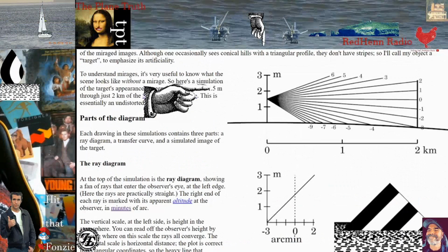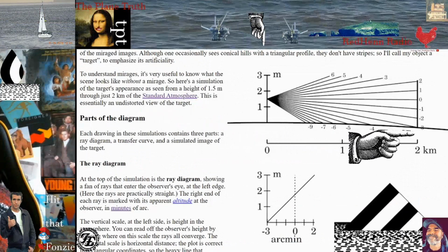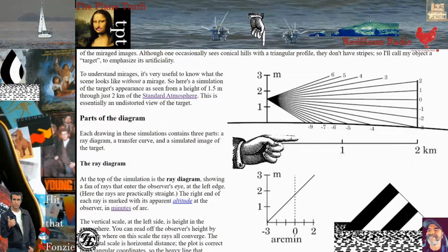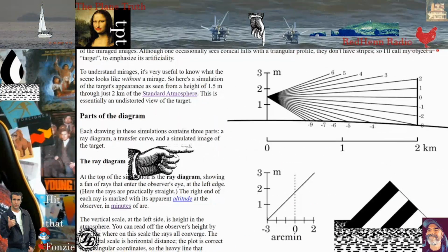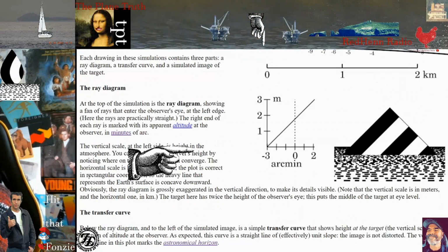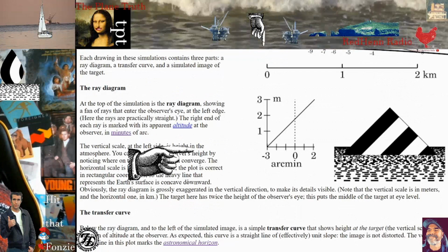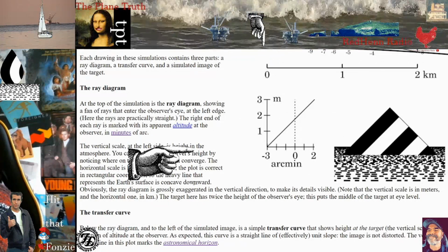The horizontal scale is the horizontal distance, which is actually curved because in his world the Earth is curved. The plot is correct in rectangular coordinates, so the heavy line represents the Earth's surface as concaving downward. Okay?